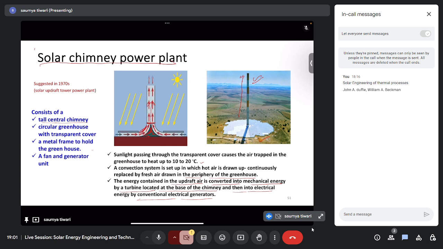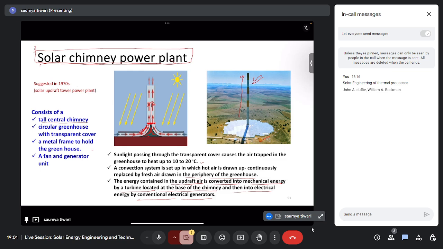As the air flows, it moves the turbine, and the mechanical energy is converted into electrical energy for power generation. This is the typical construction of a solar chimney power plant.